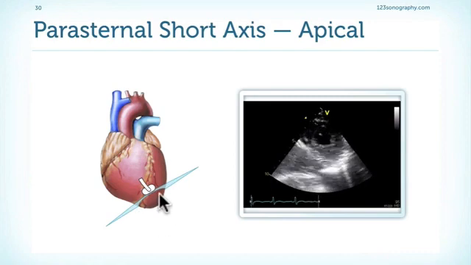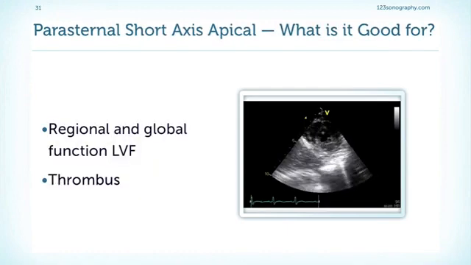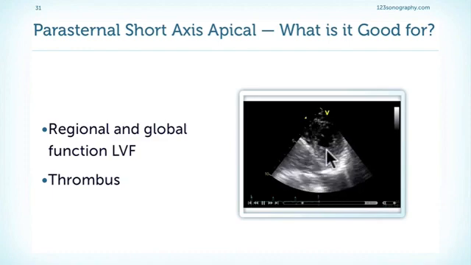That's because we're at the very tip of the heart, and we have only very small portions of the right ventricle visible here. This view can be used also to assess regional wall motion abnormalities, especially if we have very supraapical infarcts. Ventricular function, of course, can also be looked at here, and thrombi, which are located at the very tip of the apex.